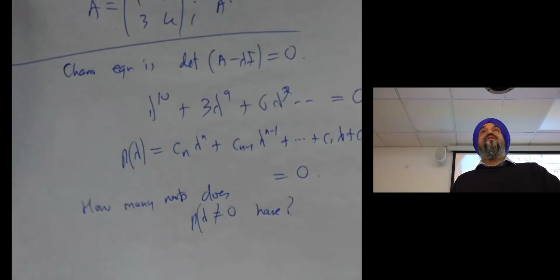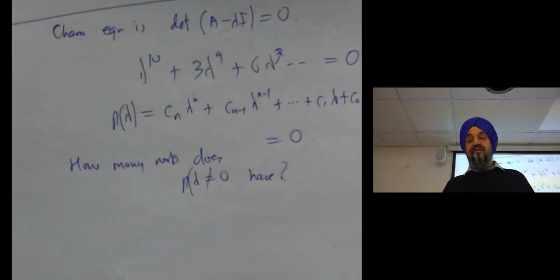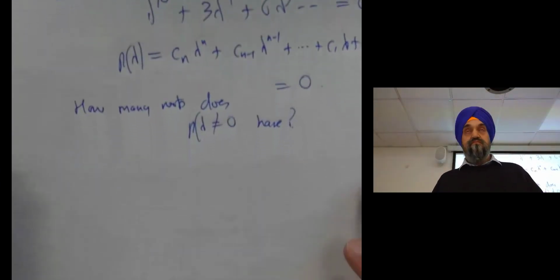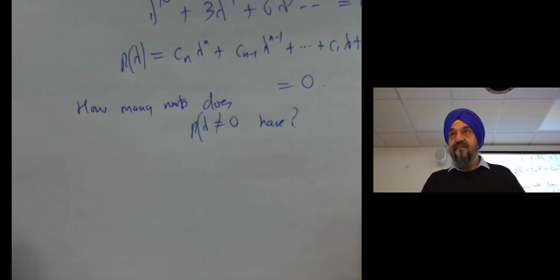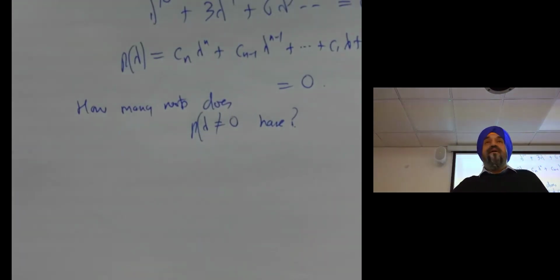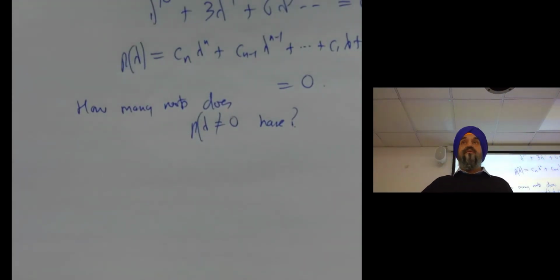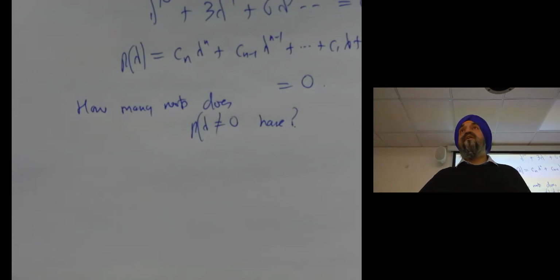Say if you've got an equation of degree 10, how many roots is it going to have? 10, exactly 10 roots. What about if it's a cubic polynomial, equation of degree 3? 3. And what about a quartic equation of degree 4? 4. And a quintic, an equation of degree 5, will have exactly 5 roots.